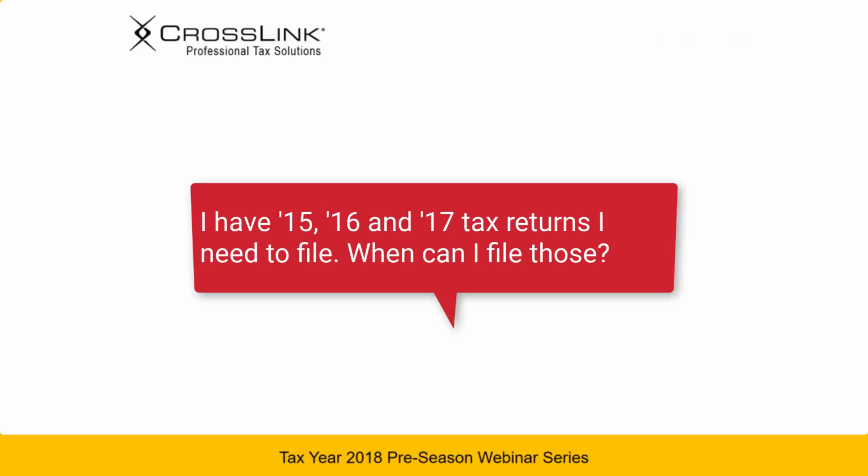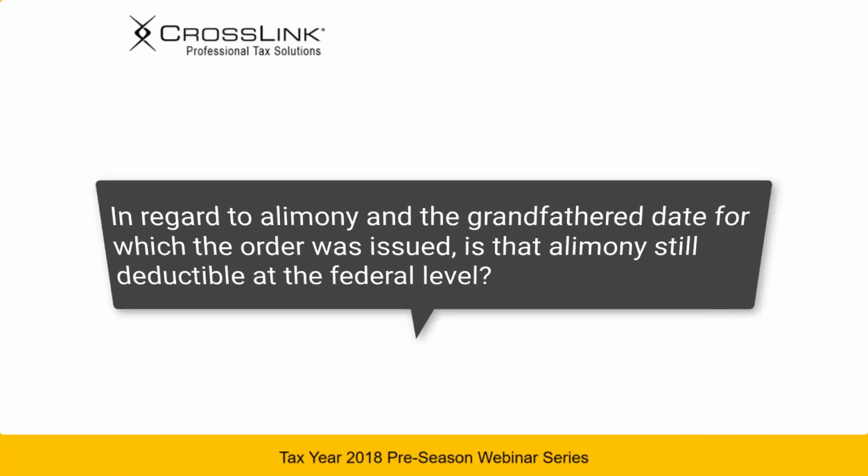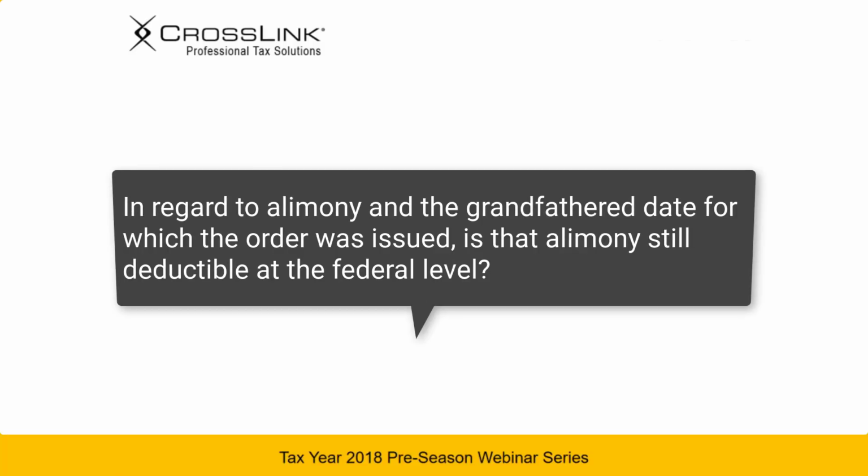And then this one's come up a couple of times over the course of the last couple of months, and that's in regards to alimony, and the grandfather date for which your order was issued and whether that alimony is still deductible at the federal level. It's for any divorces that happen starting in 2019 and beyond.